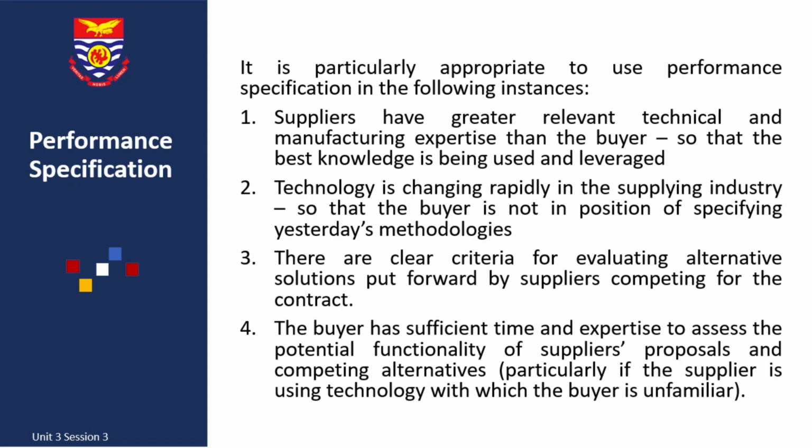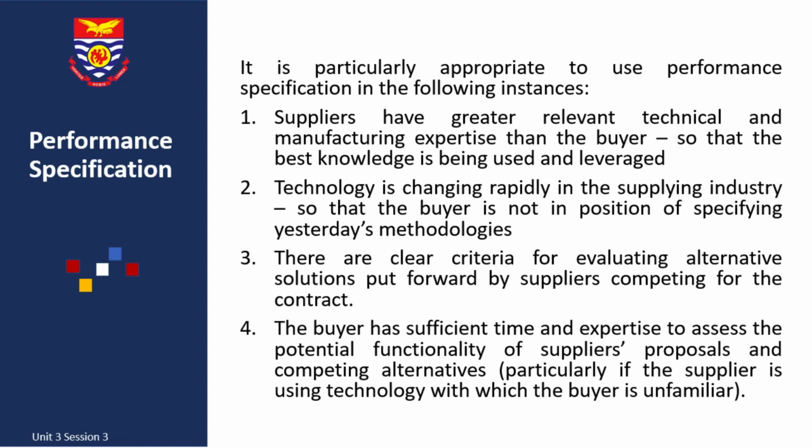So as a buying organization who knows that your suppliers are in a better position to specify a better requirement than you, obviously it will make sense to let the suppliers do that in order for you to achieve the competitive advantage that you want, as well as cut down costs. Third, when there are clear criteria for evaluating alternative solutions put forward by suppliers competing for the contract.